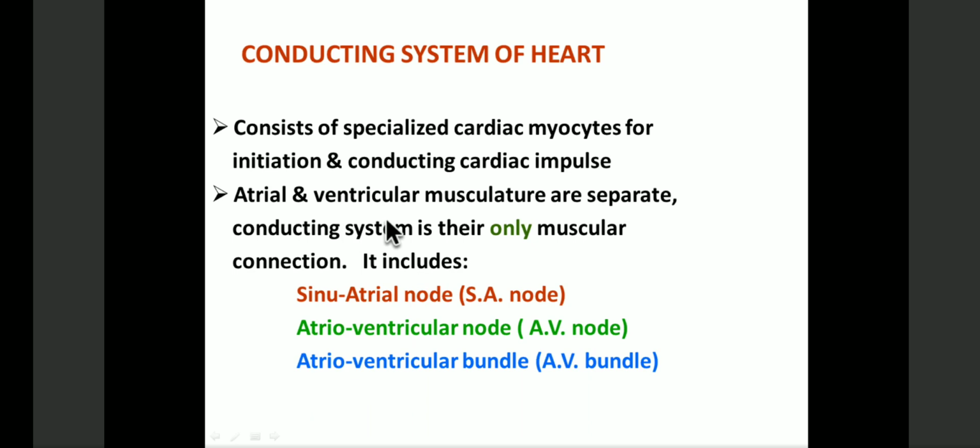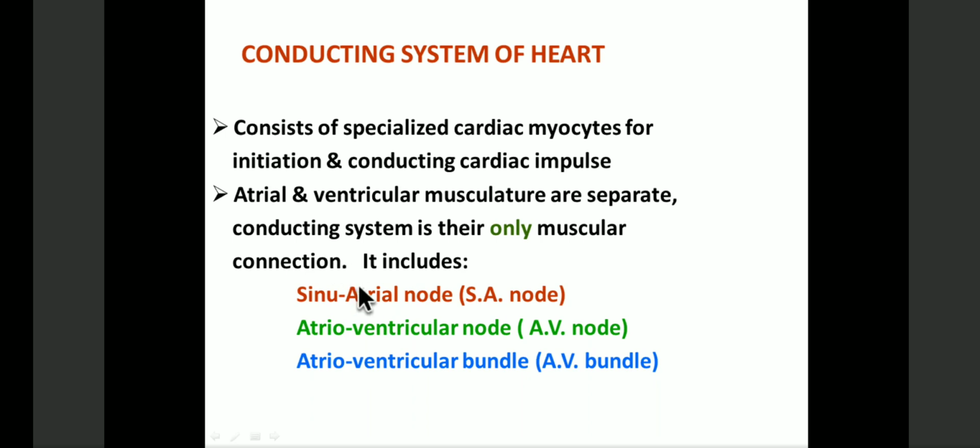Atria can conduct, ventricles can conduct, but their impulses need to be transmitted from the atria to the ventricles, so that the ventricles can push the blood into the aorta or the pulmonary trunk. So the conducting system is going to be the only muscular tissue.